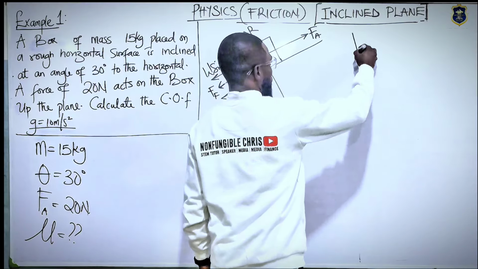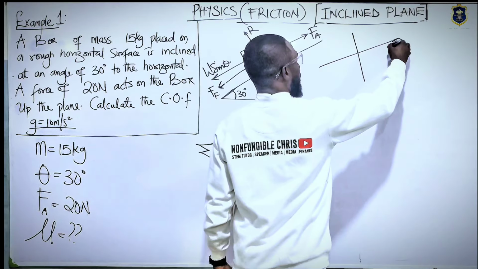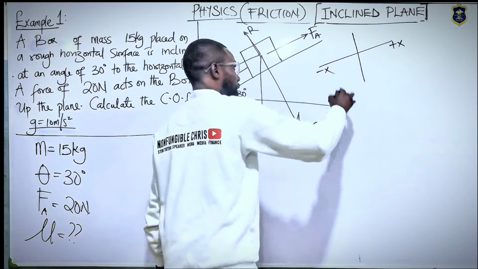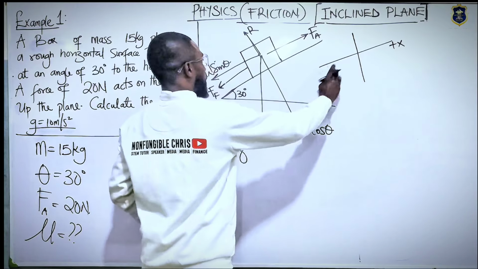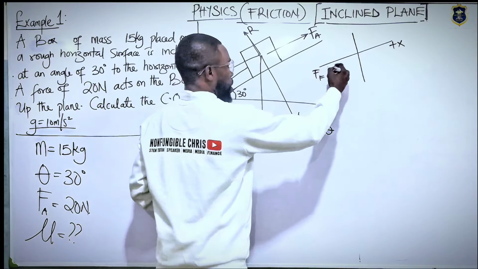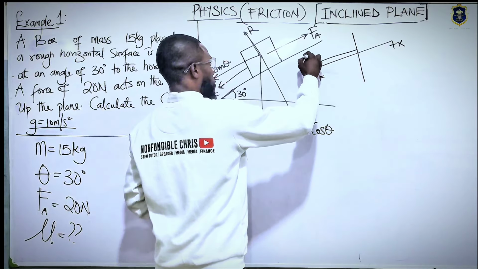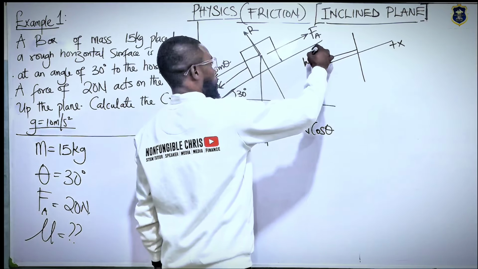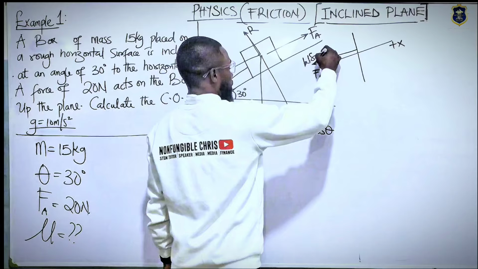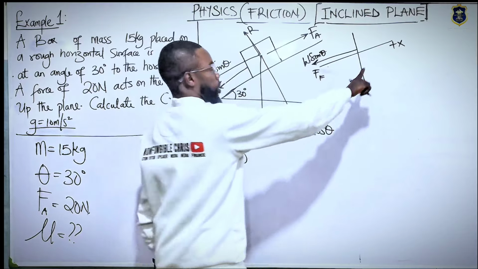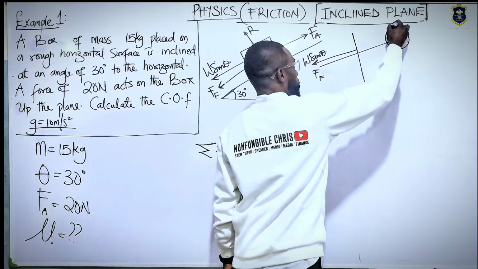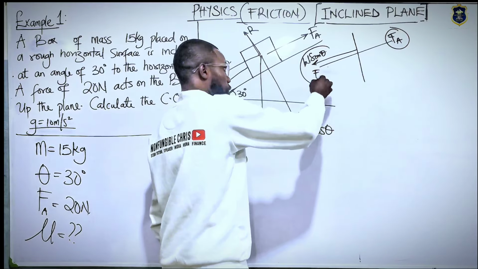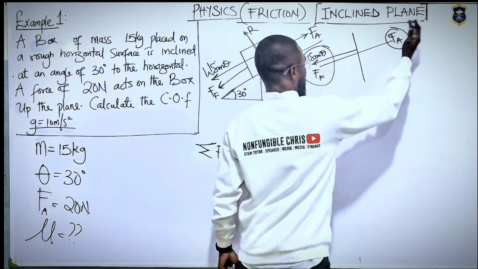We have the positive x and the negative x. In this x-axis, we have two things: the frictional force, and the resolution force, W sin theta. So it's going to be the force we have here, which is our applied force, minus the sum of these two forces. Here minus here.